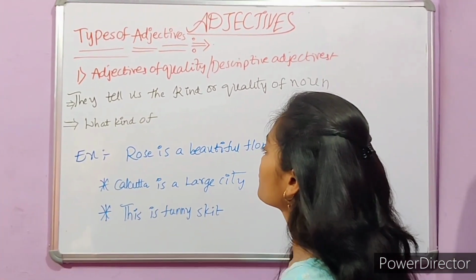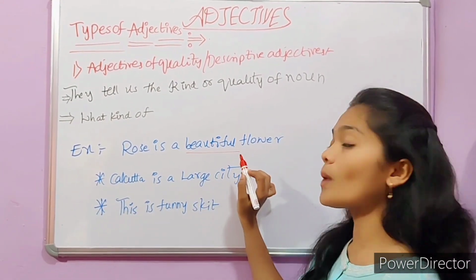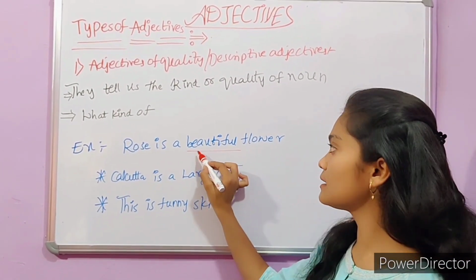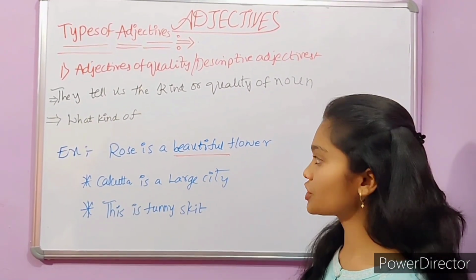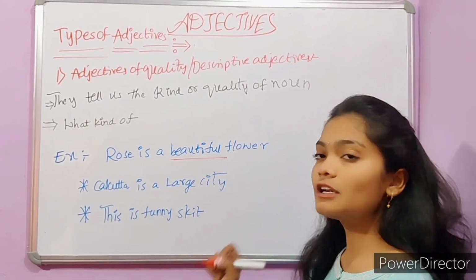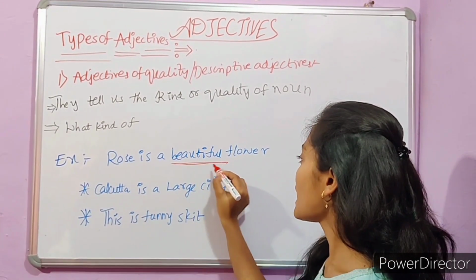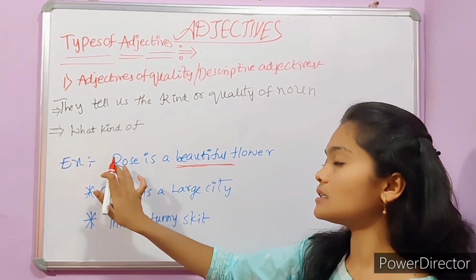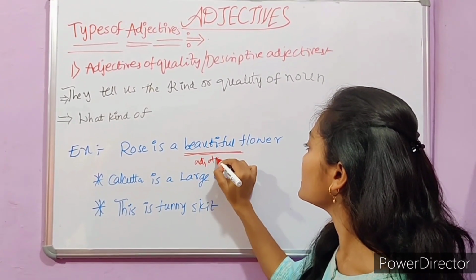If you observe these sentences, beautiful is an adjective of quality in this sentence, because if I ask the question what kind of flower it is, a beautiful flower is the answer. Here it describes the quality of a noun, so it is an adjective of quality.